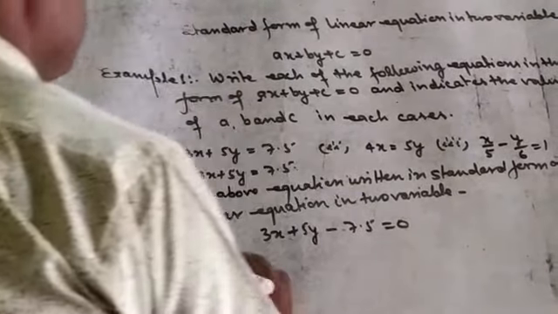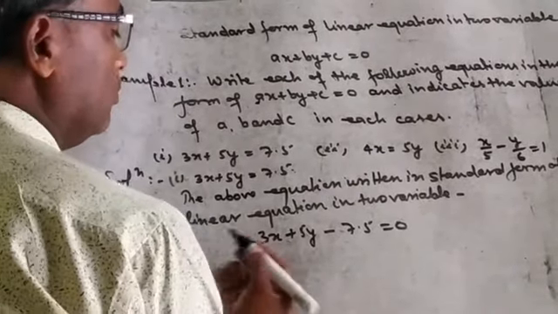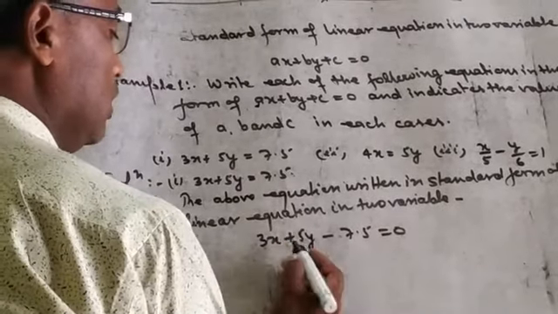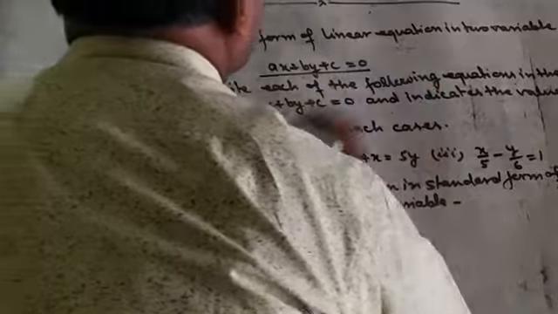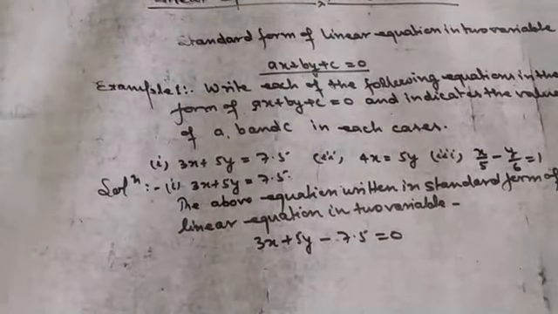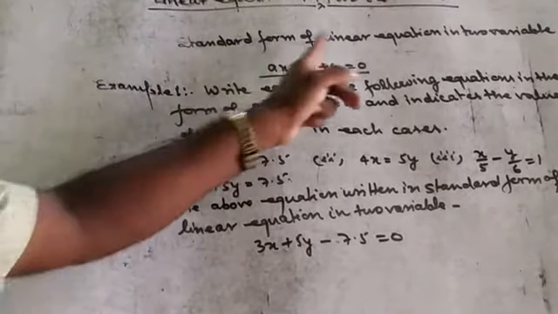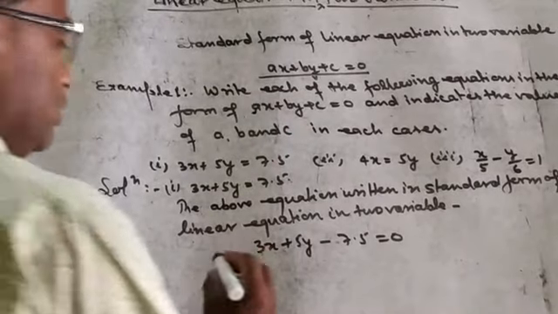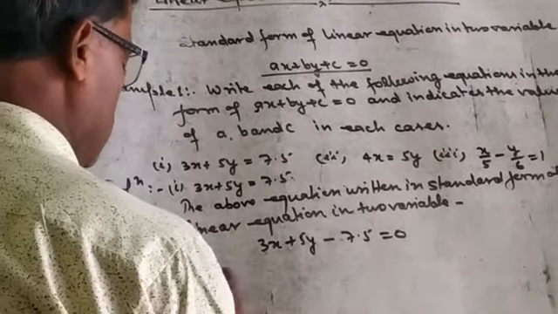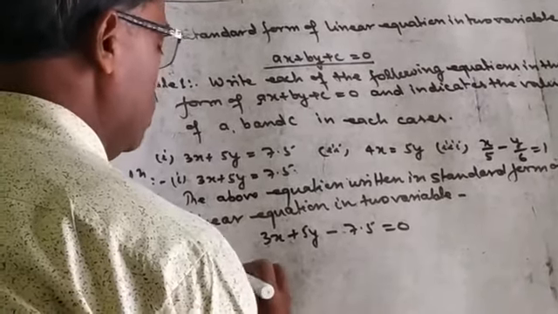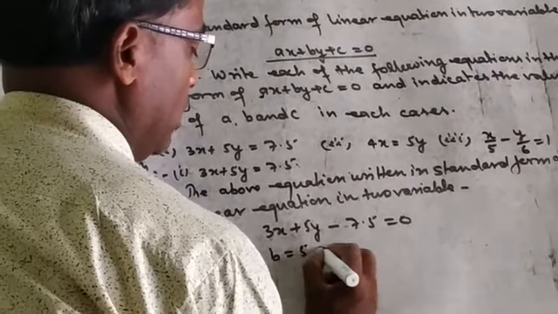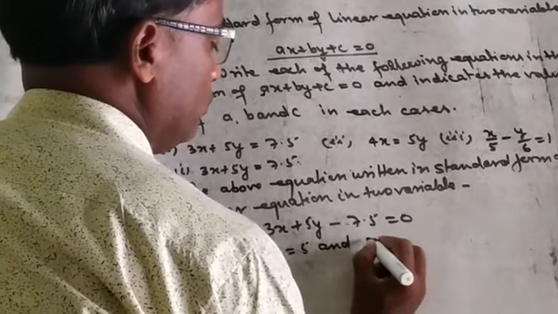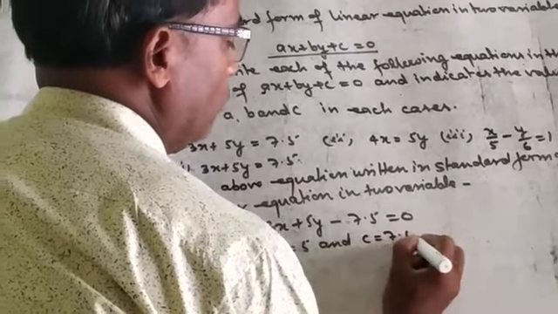Comparing this with the standard form of linear equation in two variables, therefore a is equal to 3, b is equal to 5 and c is equal to minus 7.5.